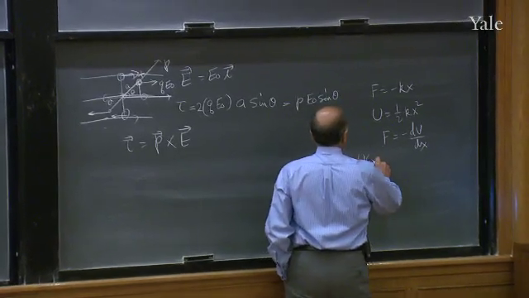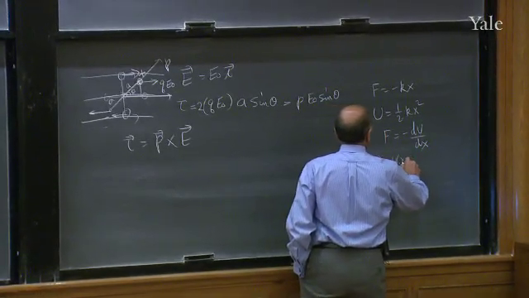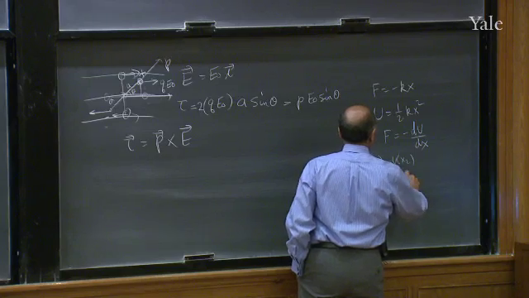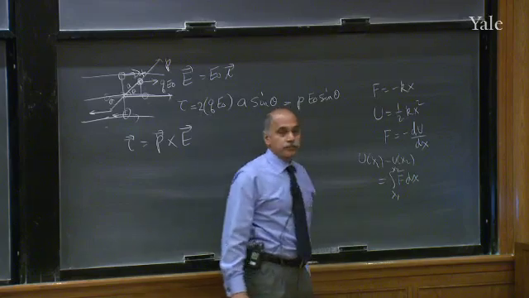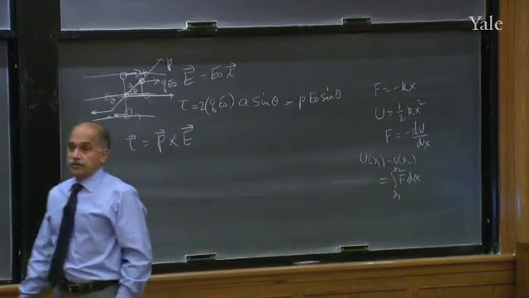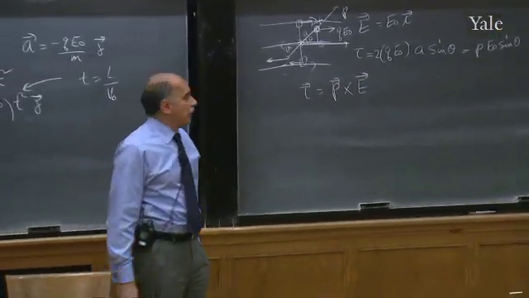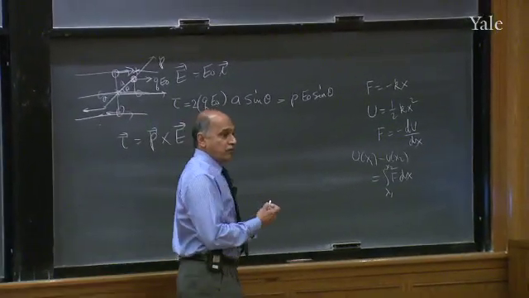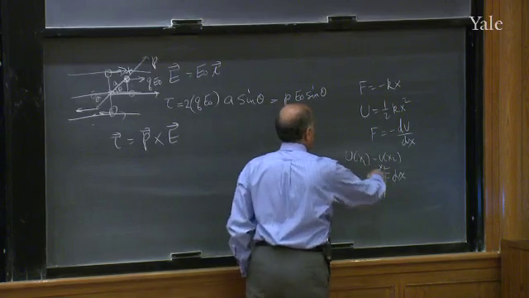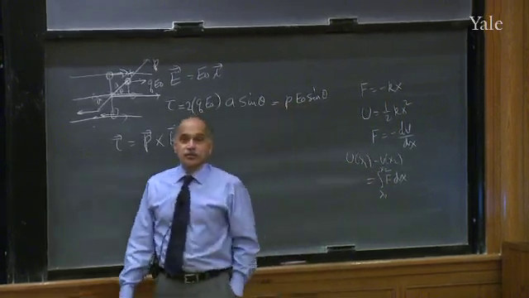The potential at x1 minus the potential at x2 is the integral of the force from x1 to x2. This is how potential is defined. This is the reason why if you knew the potential, minus the derivative gives the force, and if you knew the force, its integral will give you the change in potential.